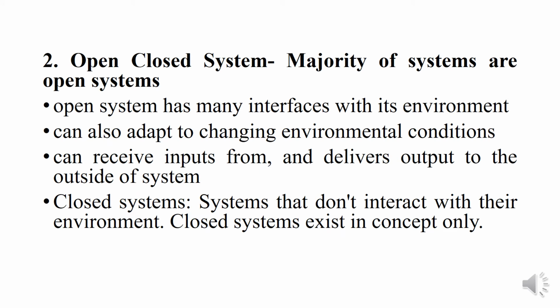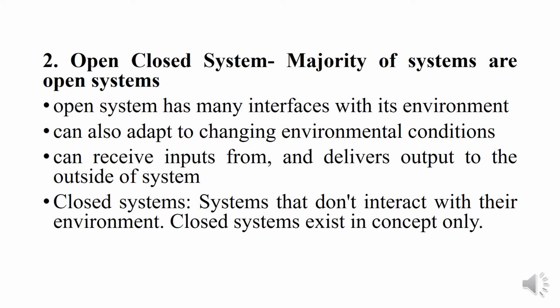Now the second type is open and closed systems, and the majority are of the open system type. What is an open system? An open system has many interfaces within its environment, as there are components which are designed or developed independently, and interfaces are there to communicate with the other components.